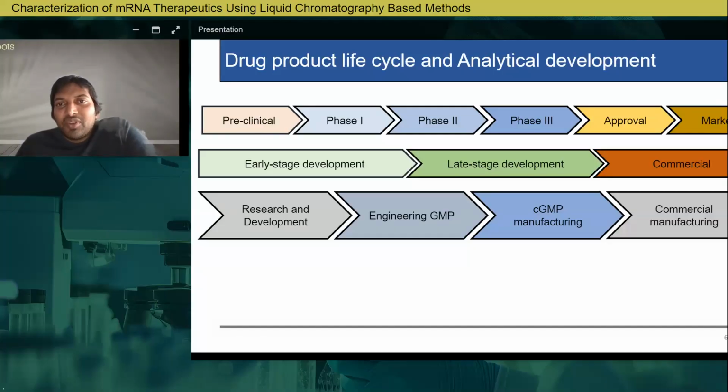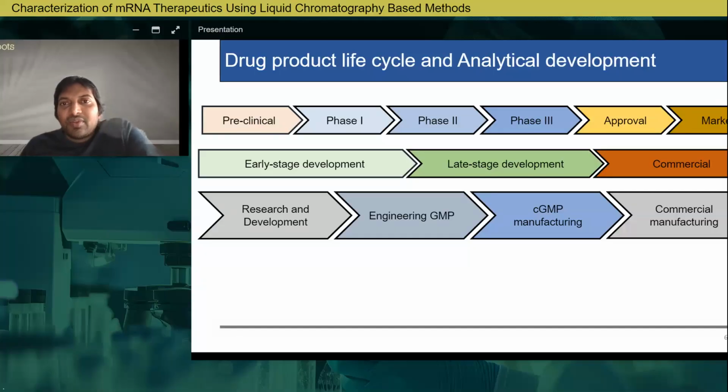And once we move into phase three and approval, we have to establish a more clinical GMP manufacturing process, which is more robust, where you ideally do all the process characterizations and process PPQs, to really make this process more established in a GMP facility. And then once you get an approval, you move it to commercial manufacturing, where it is robustly validated, and it's used to produce a commercial drug.